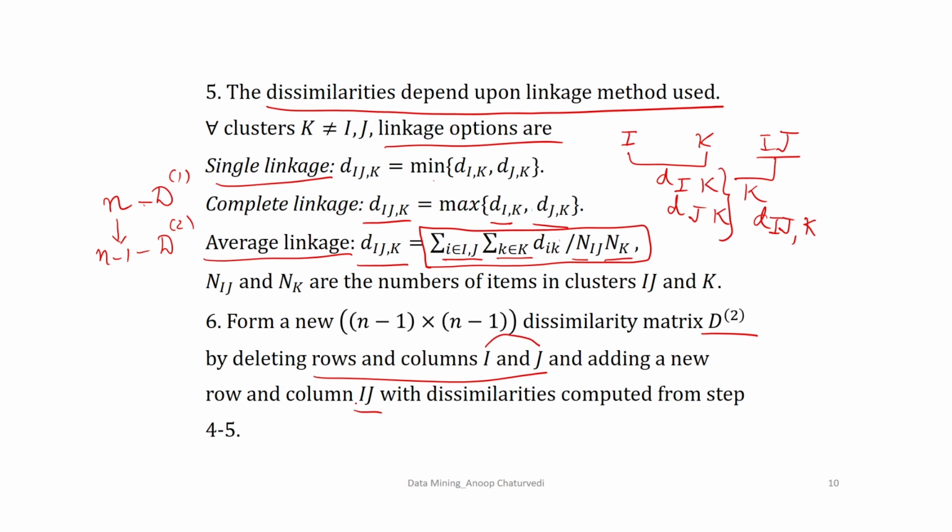So, you delete these rows and columns, that is the rows and columns corresponding to I and J, and then we add a new row and column corresponding to capital Ij with the dissimilarities computed from these two steps 4 and 5.